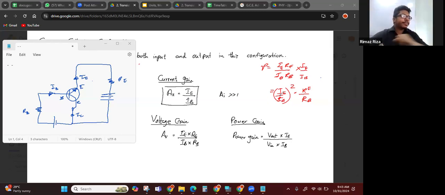Here there is no phase change, because you can consider this loop. In this loop, the current through RB and RE are in the same direction, so no phase change. The output signal is non-inverting.